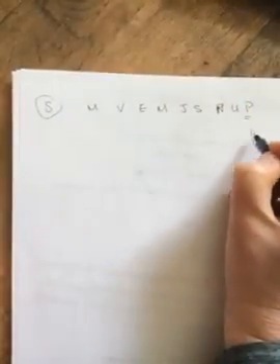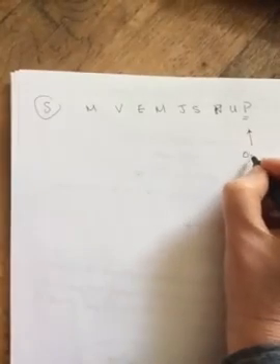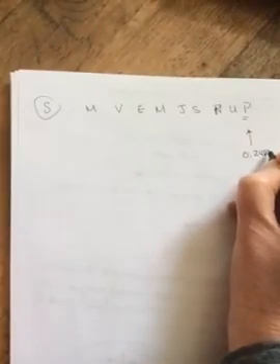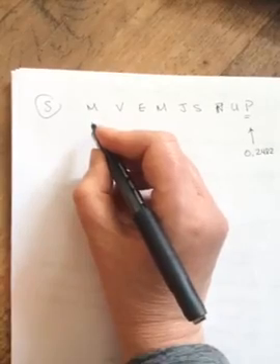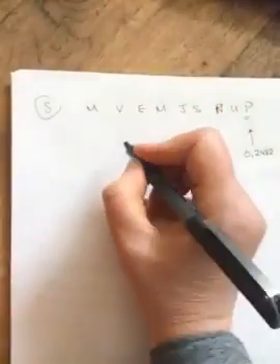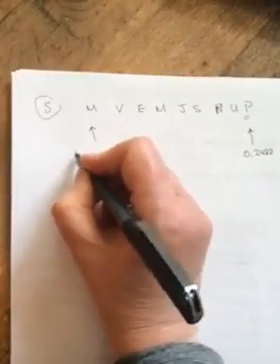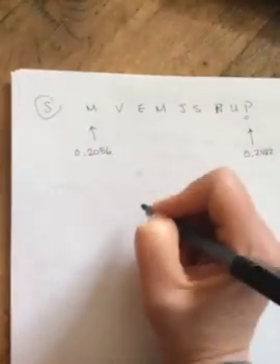The most eccentric is Pluto, and Pluto's eccentricity is 0.2482. Mercury, I believe, just got to double check here, is the next one. Venus. Yeah, Mercury is the next one, and it's 0.2056. So clearly they're not going in any kind of order.